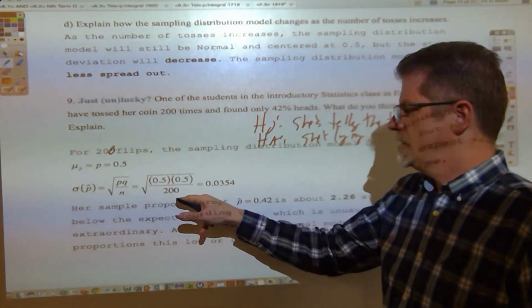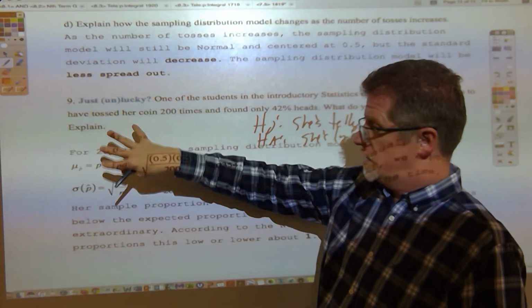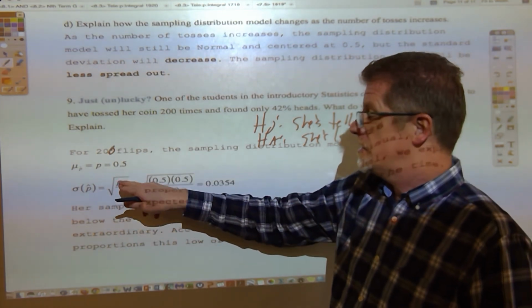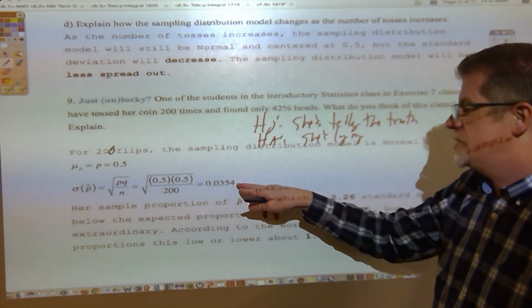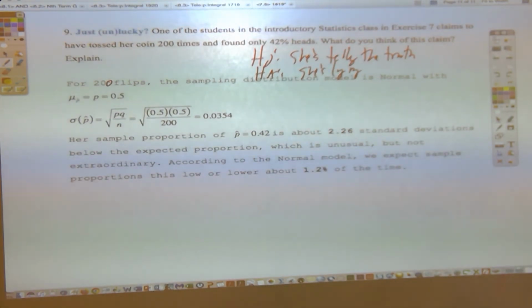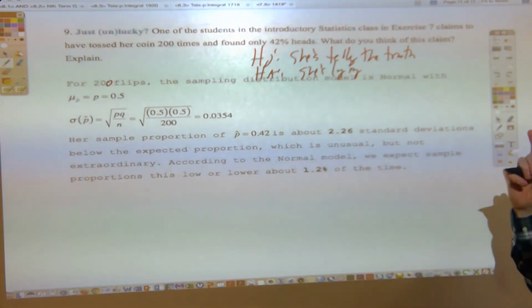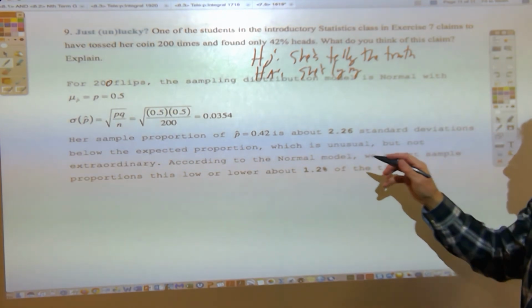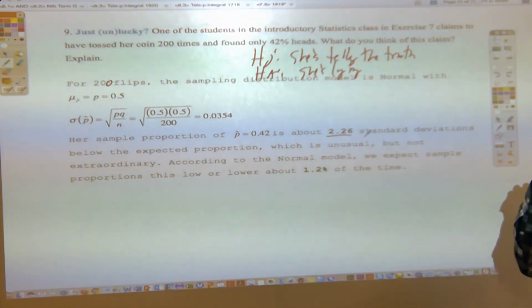Then the standard deviation for sample proportions has this formula: the square root of PQ over N, which comes out to a really tiny 0.034. Notice that 42% is about 2.26 standard deviations below the mean.